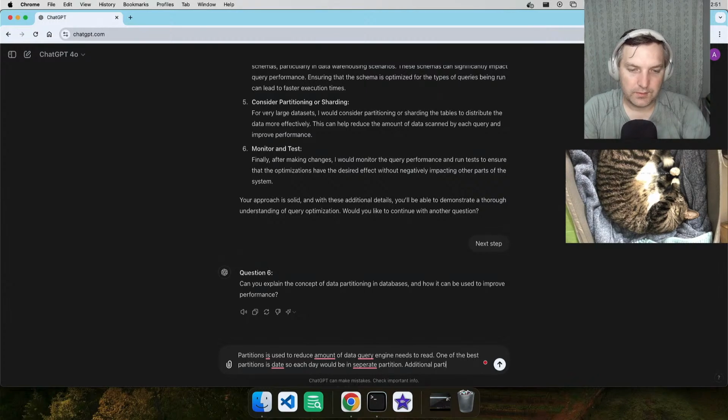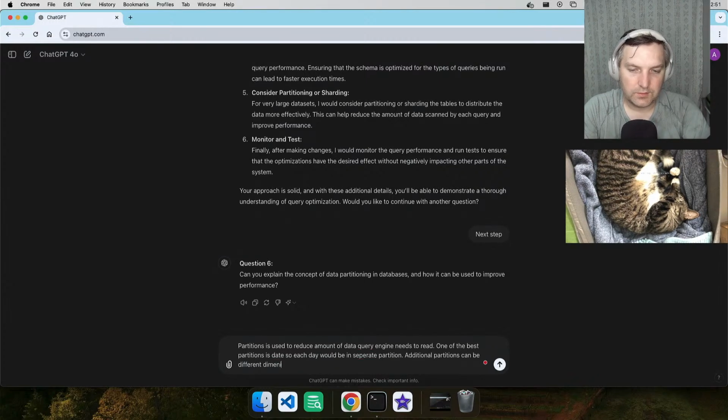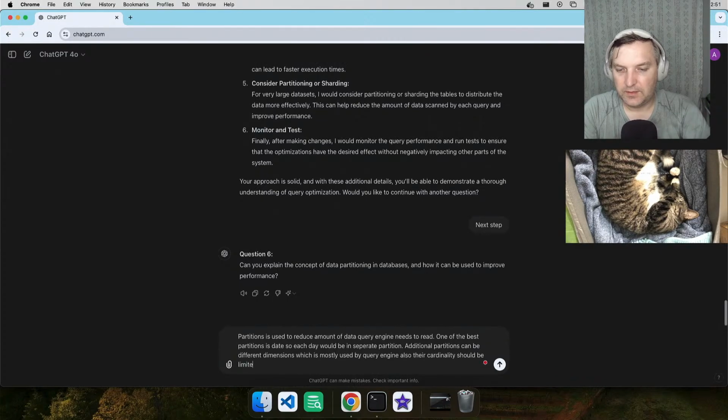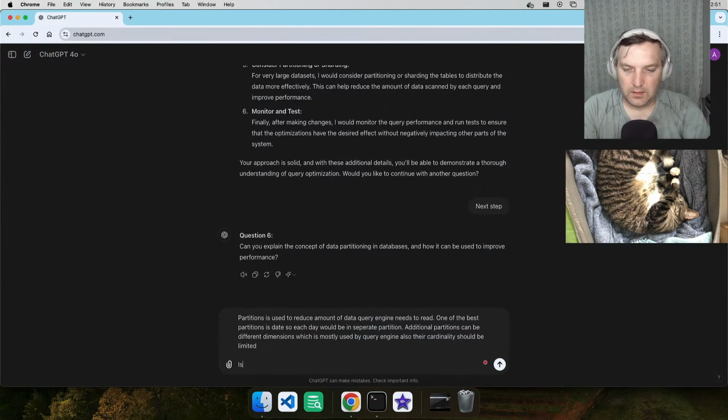Additional partitions can be different dimensions, which are mostly used by the query engine. Also, their cardinality should be limited. So for example, days feels kind of unlimited, but we know the pattern of the day, so that doesn't really follow. Is my answer correct?